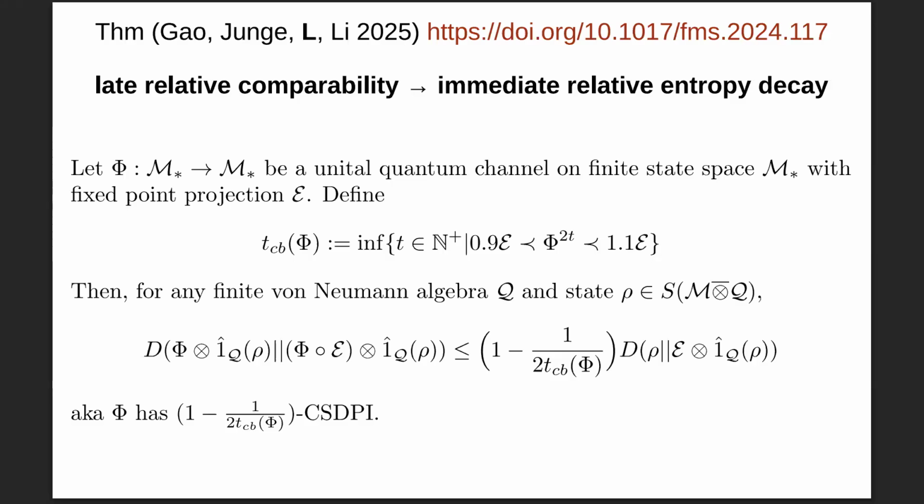So relative entropy contraction is in many ways weaker than relative error, but it does have this advantage that there's this long time to short time conversion. If it eventually converges in relative error, then it must start relative entropy decay right away. It can't wait until late times and then start falling.